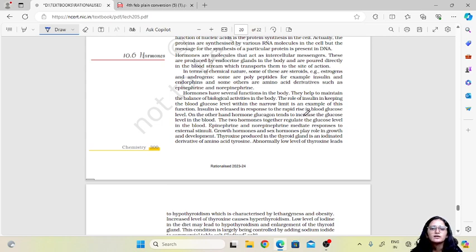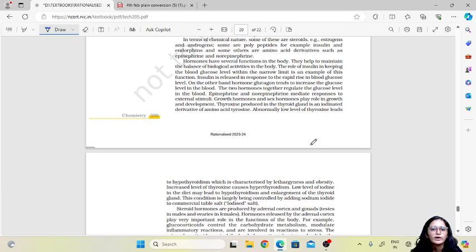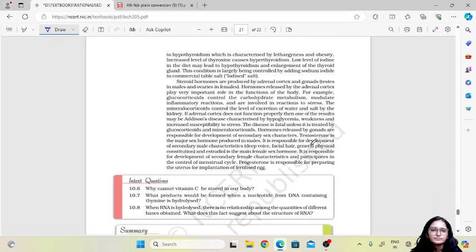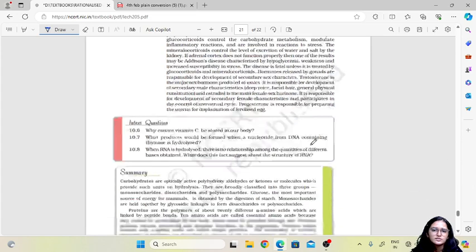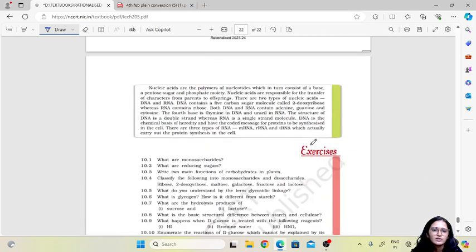Then insulin helps to maintain the blood sugar level in the body. Then thyroxine is produced by the thyroid gland, and it is an iodinated derivative of the amino acid tyrosine. Okay, so this is about hormones, and this we already studied in the biology chapter.